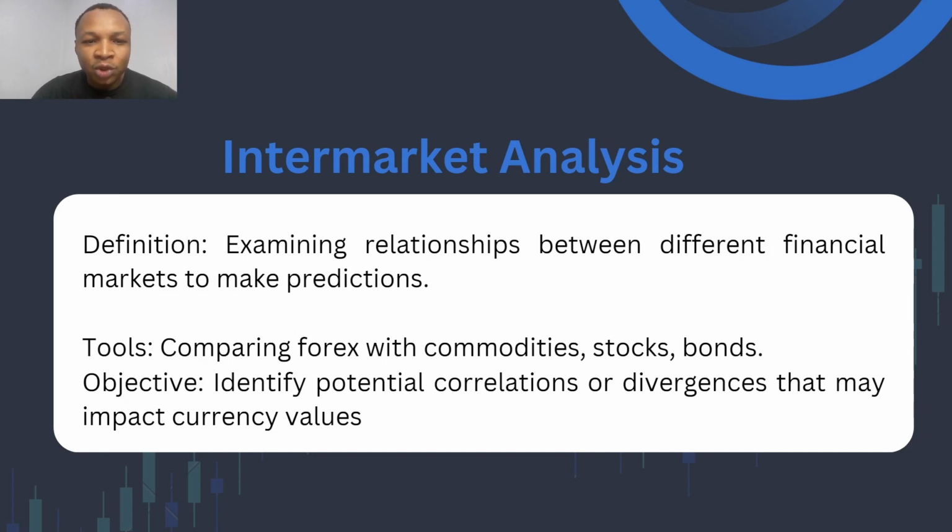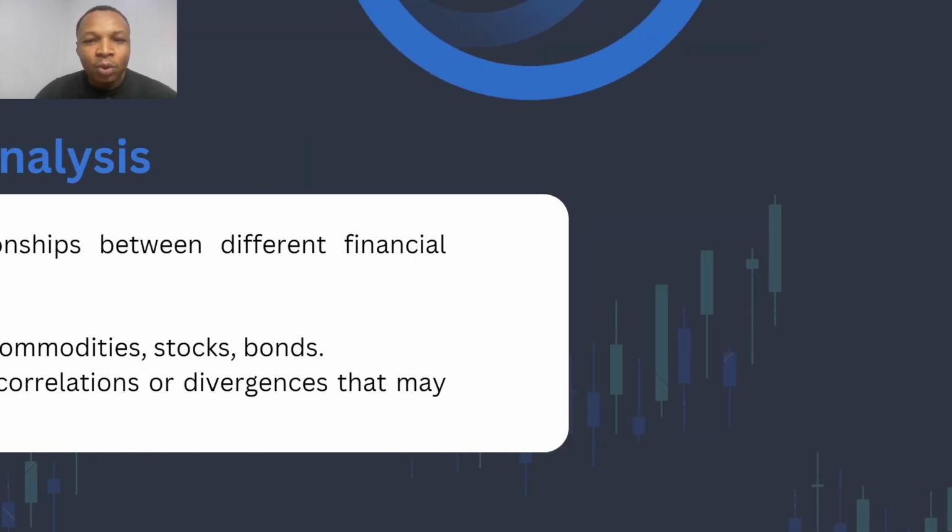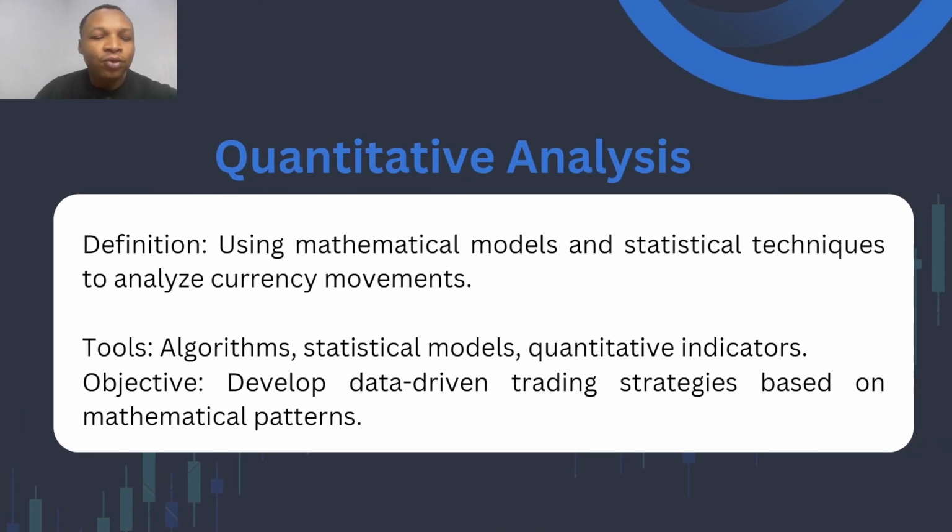But for this series, we just want you to know the meaning and the tools to use for various types of analysis. We also have another type of analysis called quantitative analysis. For quantitative analysis, we use mathematical models and statistical techniques to analyze currency movements. There are various machines and algorithms built to do this. Various companies have their own algorithms and models. The tools we use are algorithms, statistical models, and quantitative indicators.